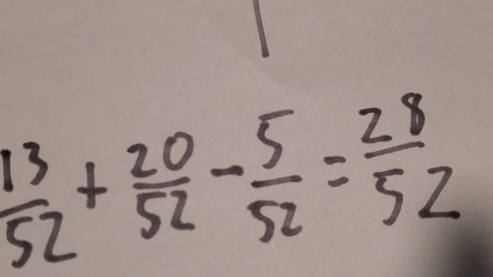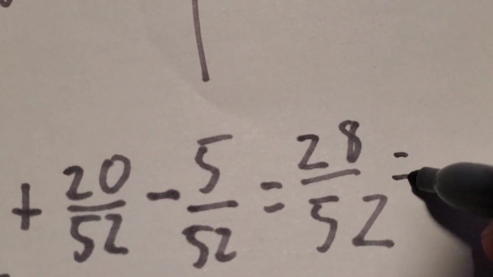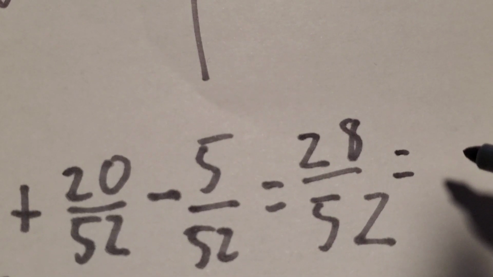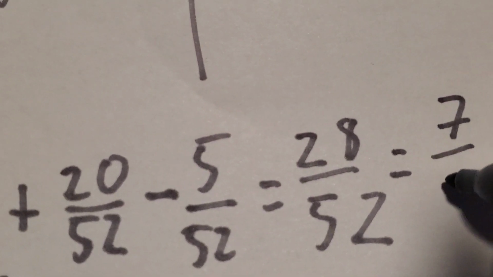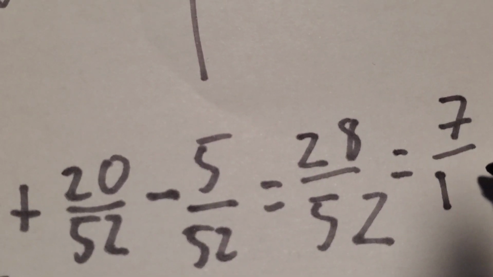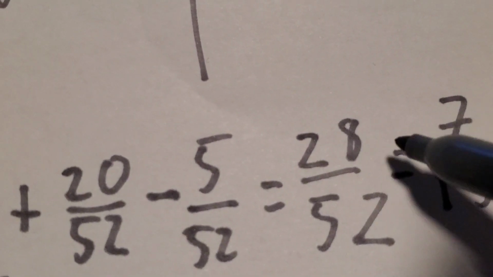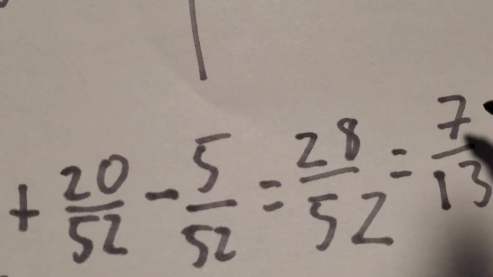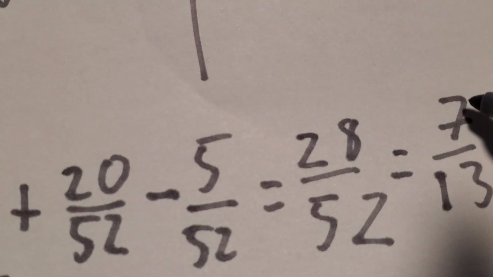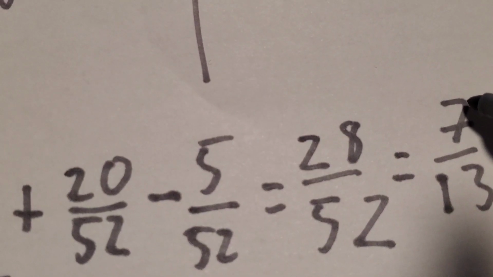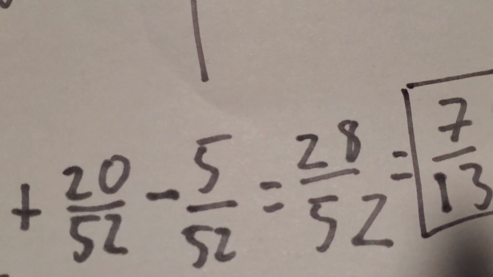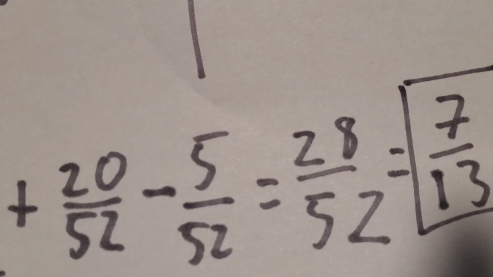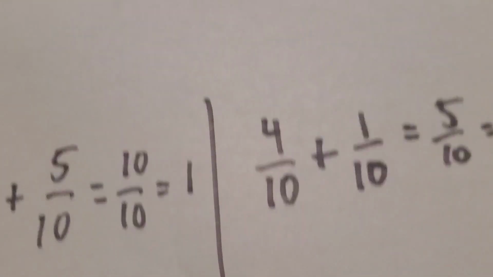Which you can definitely simplify to 7 over 13, because 4 goes into 28 7 times, and 4 goes into 52 13 times. And that would be our answer for that question.